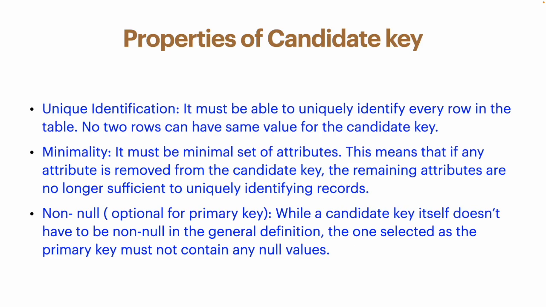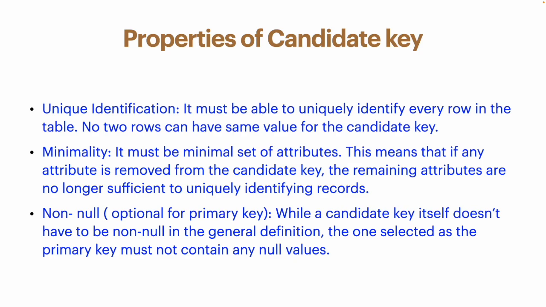If I have taken student ID and roll number, and I am saying that student ID and roll number together are my candidate key, then if I remove the roll number, student ID alone should not be able to uniquely identify the record. If that is not the case, then this particular set of attributes cannot be called a candidate key.